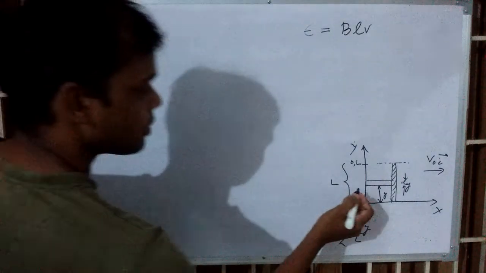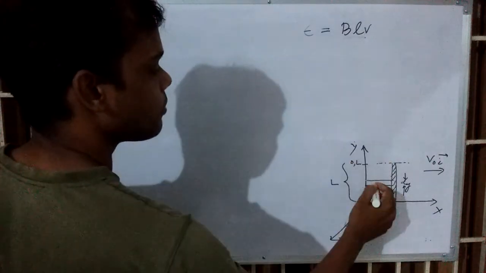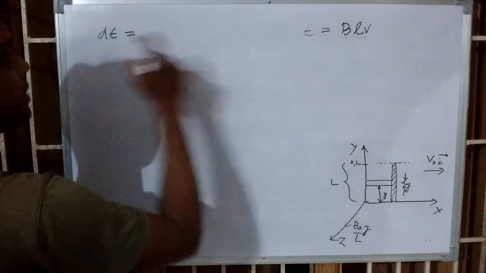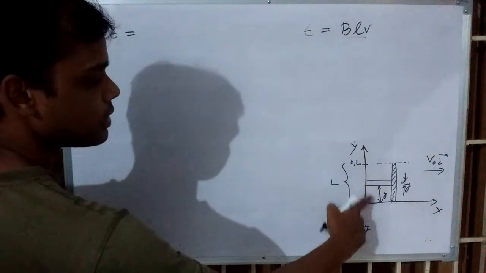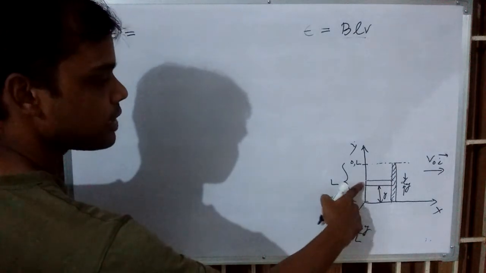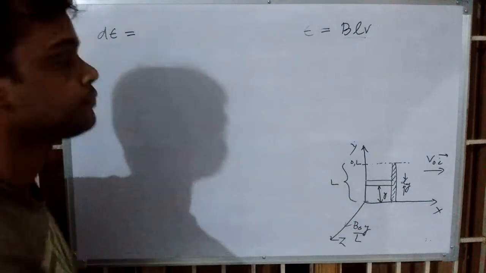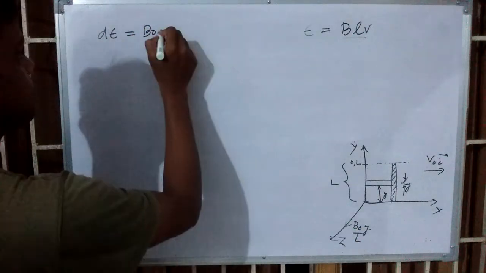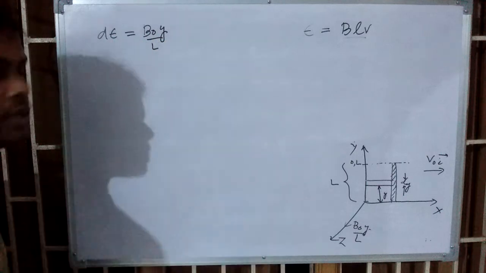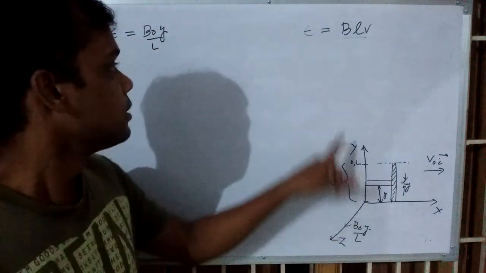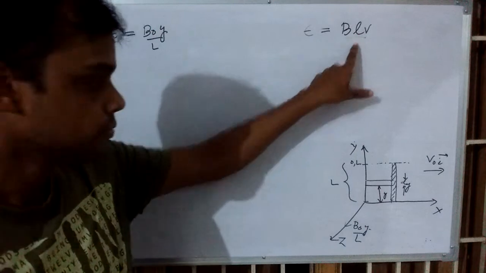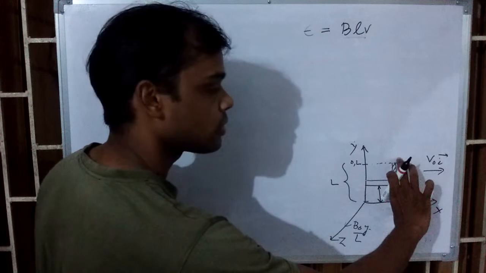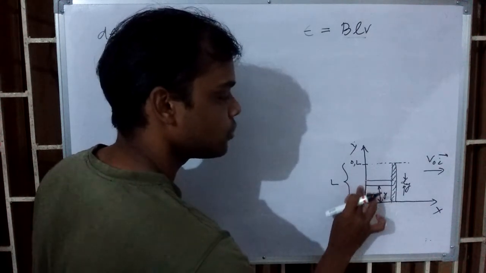Now I can simply apply the BLV formula here, because for a small element BLV can be easily applied. So what is the B value at this point? B is dependent upon y, and the y value here is y itself. So B will be B naught y by L. Then L is nothing but the length of the rod. Here the length of the rod is dy itself. We cannot use the total length of the rod because we are wiping this width only.